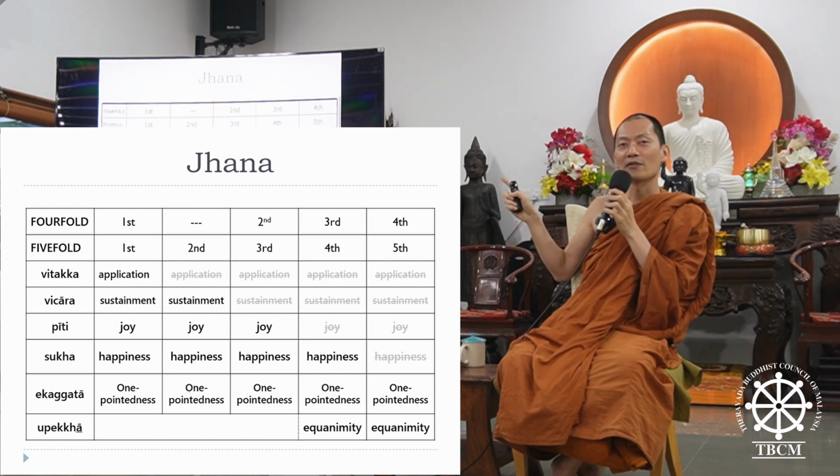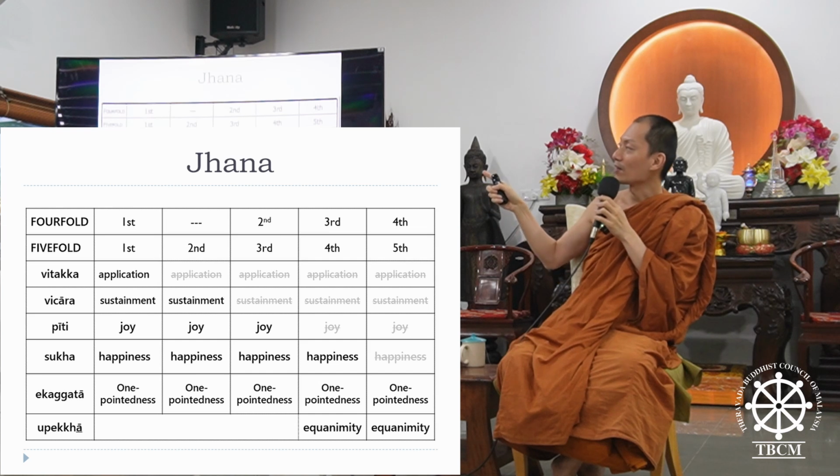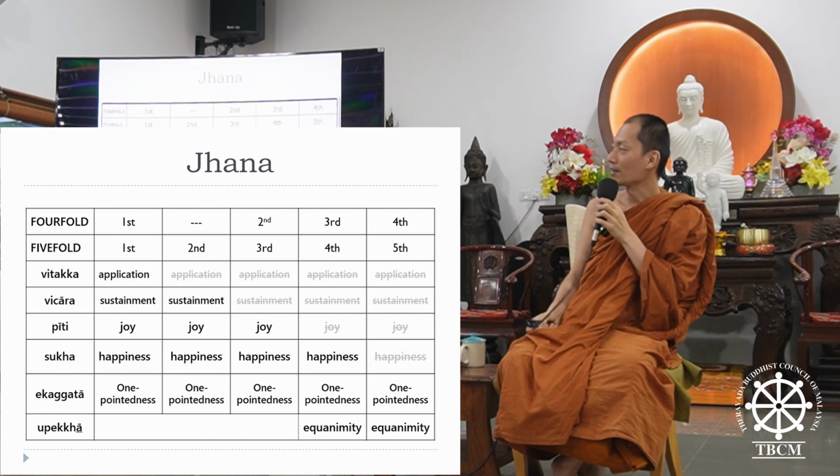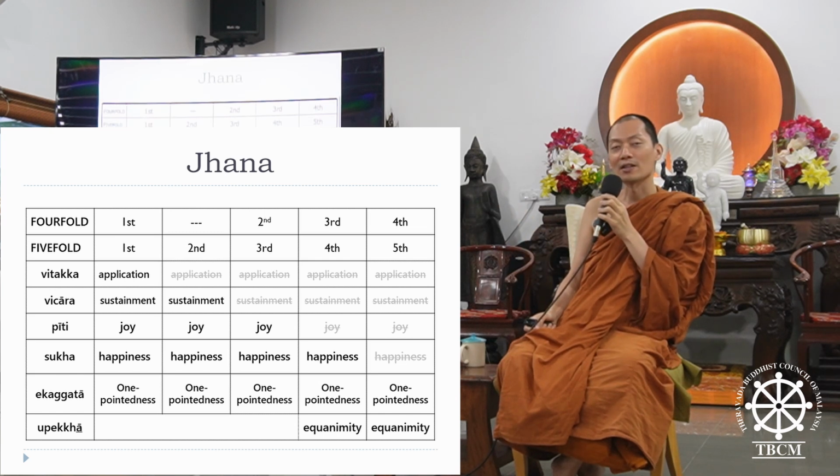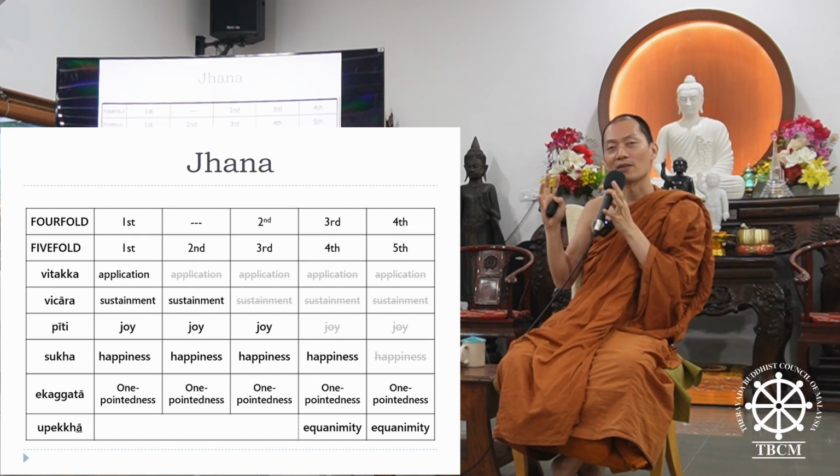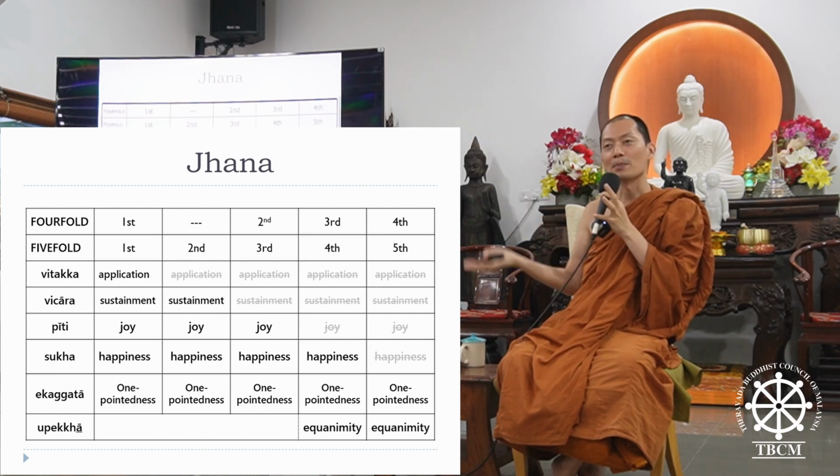If you look at the column that mentions first, under the fourfold, first, there are these few factors: the application, sustainment, joy, happiness, and of course, one-pointedness. These are the factors for the first level of concentration. For those who experience it for the first time, it will be quite impossible to differentiate which is joy, which is happiness, which is initial sustained thinking.